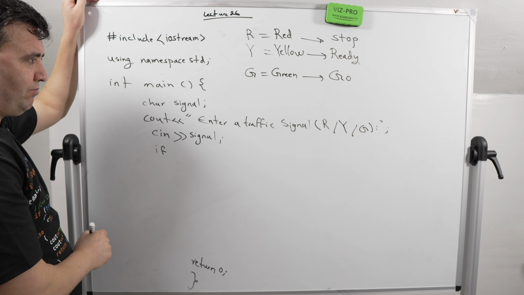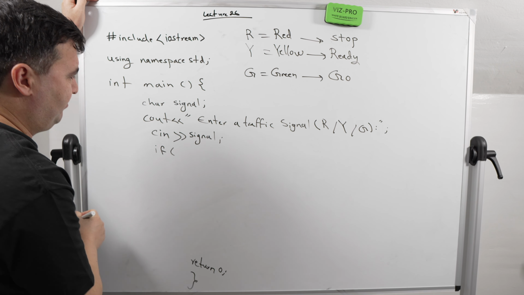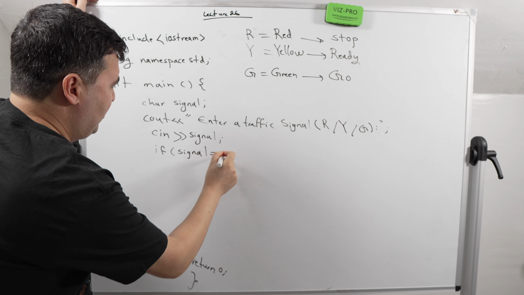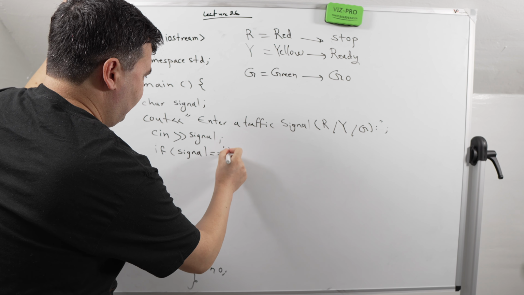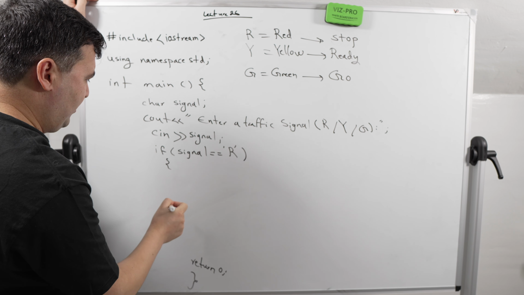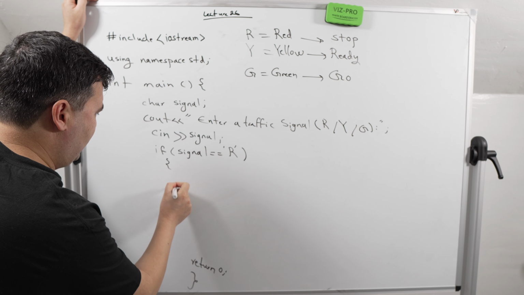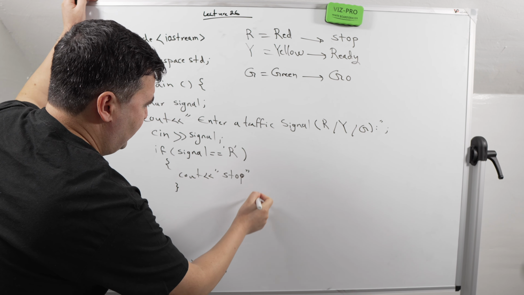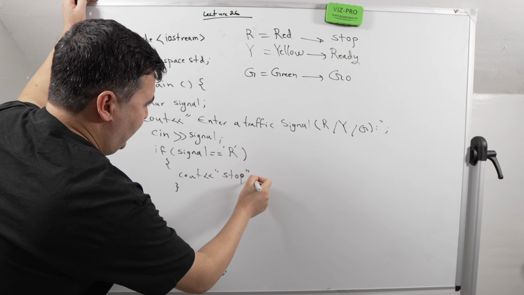We need if signal is equal to R, then here cout stop, and then endl. If the user enters R, our program prints out stop.